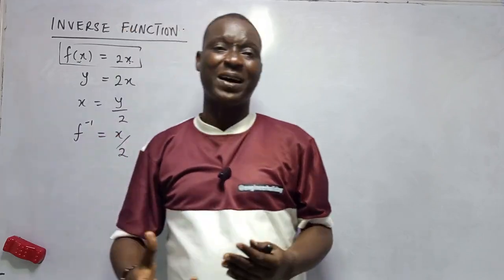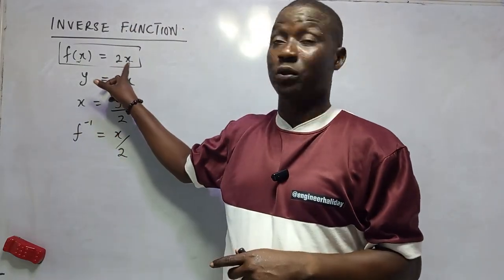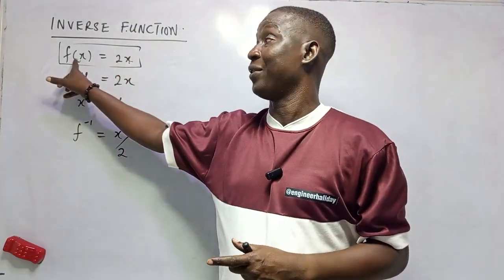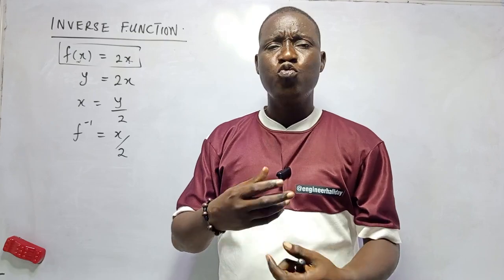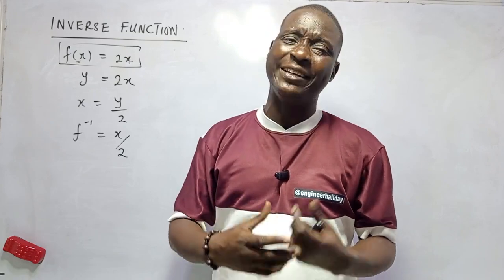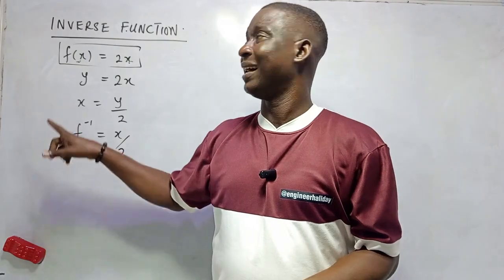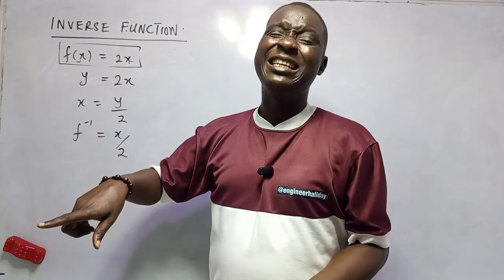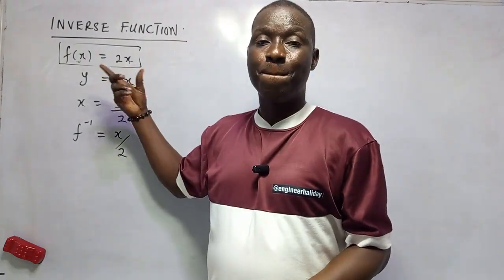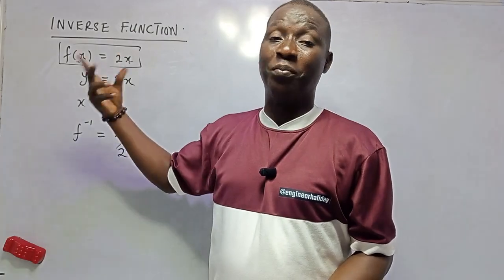If you check this function, x is an independent variable, and y, which is f of x, is a dependent variable. But when you turn it into an inverse function, we discover that y, which is a dependent variable, becomes independent, while x, which is independent, becomes dependent.